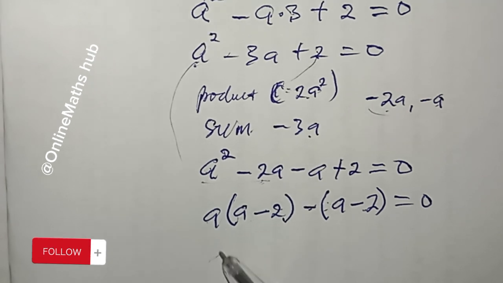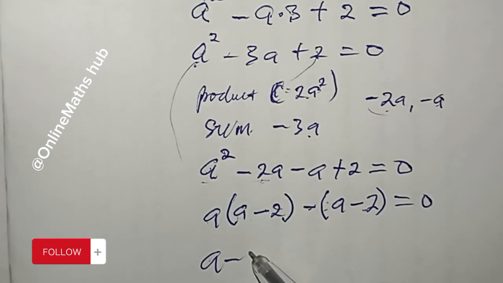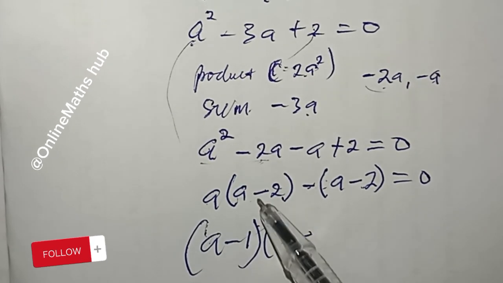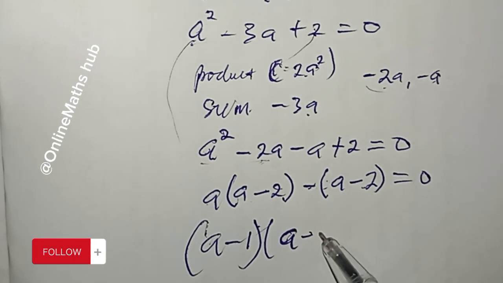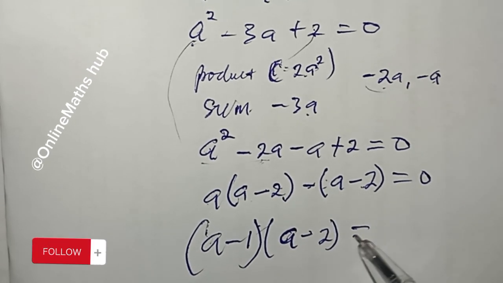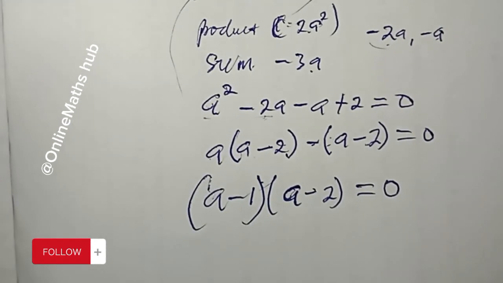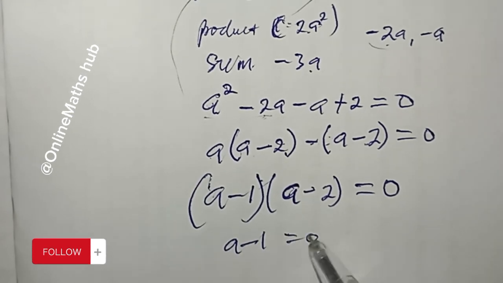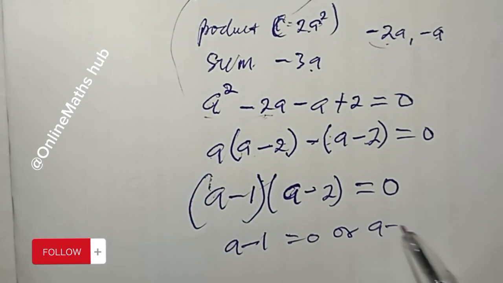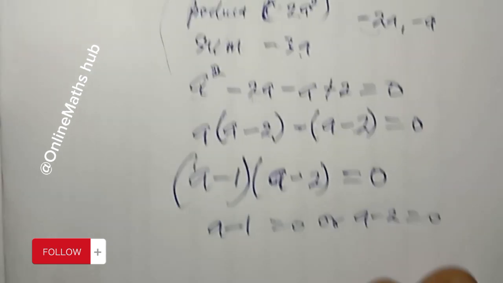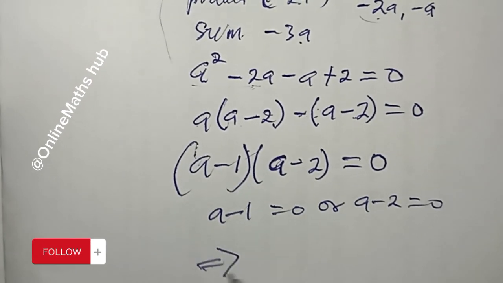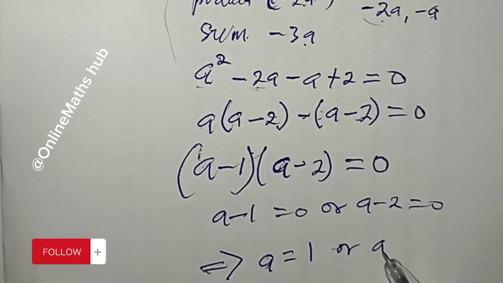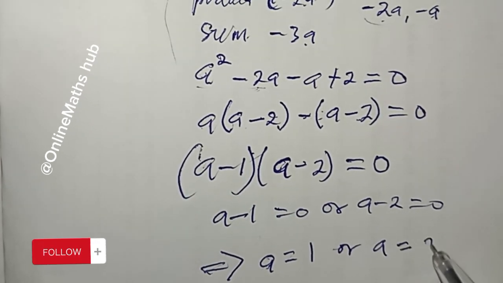So I have a minus 1 and a minus 2 equal to 0. Using the zero product rule, a minus 1 is equal to 0, or a minus 2 is equal to 0. This now implies that a is equal to 1, or a is equal to 2.